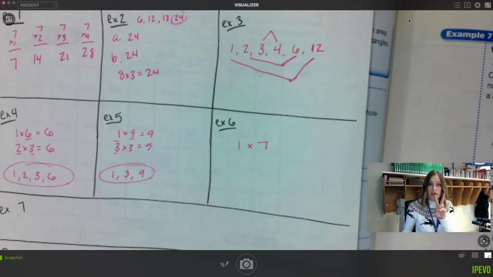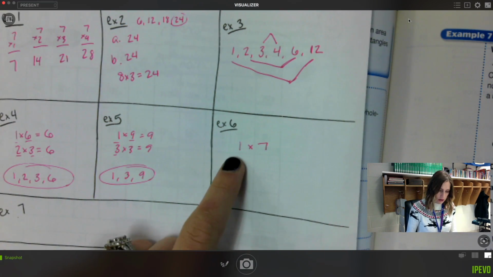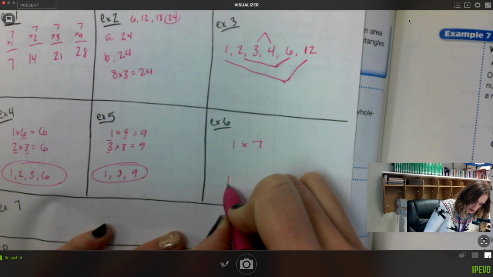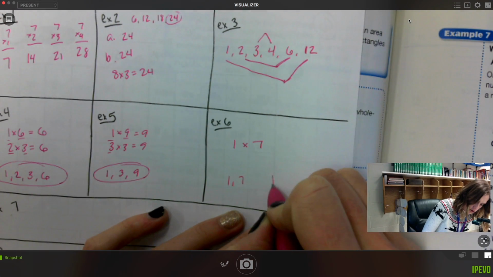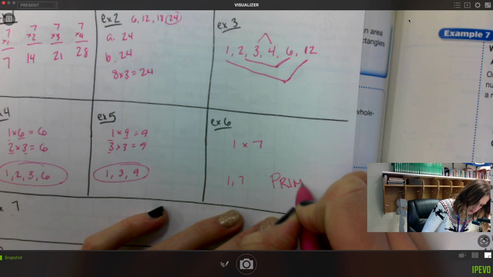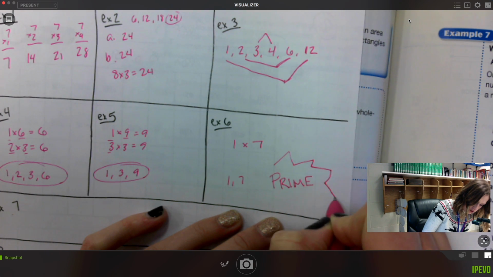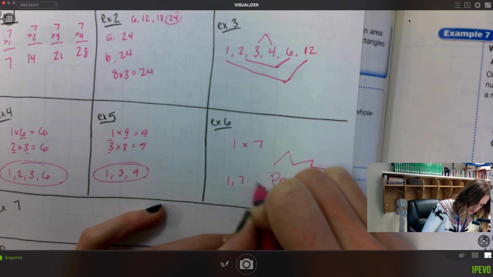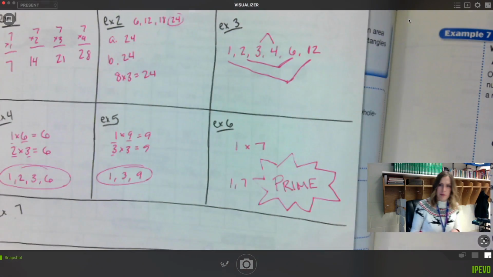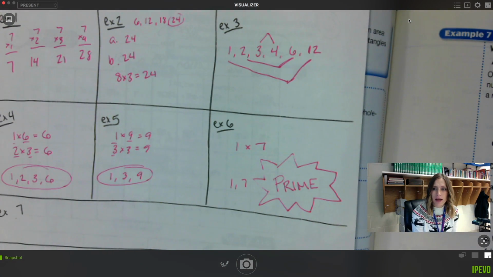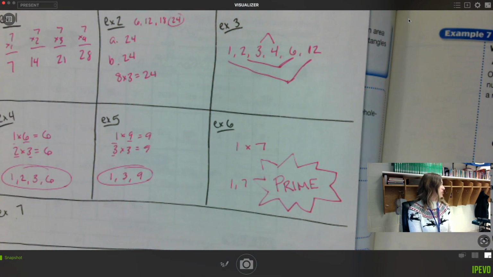So if a number only has 2 factors, 1 and 7, then that's what we call prime. Write it in all capitals and put this funny star looking thing around it. Prime, all right? So a prime number is a number that only has 2 factors.